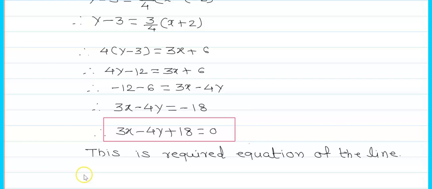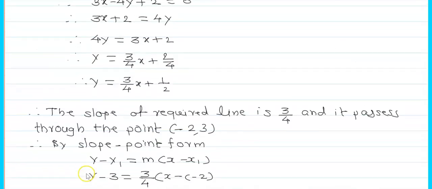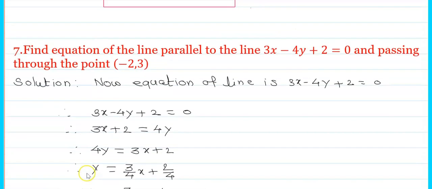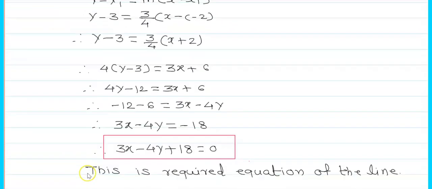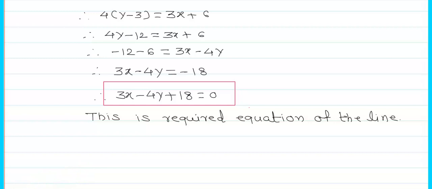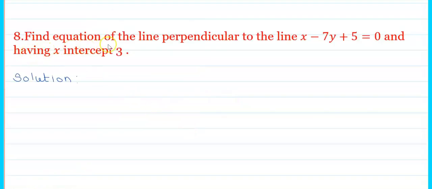Now the next question. Again, you can see this. Question number 8. Find the equation of the line perpendicular to the line x minus 7y plus 5 equals 0, having x-intercept 3. Okay, now we have the x-intercept.